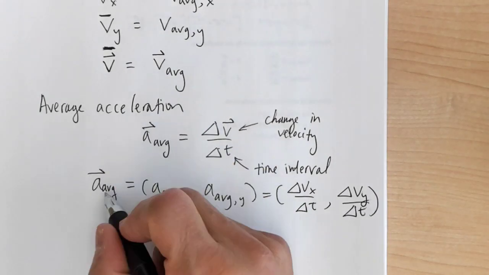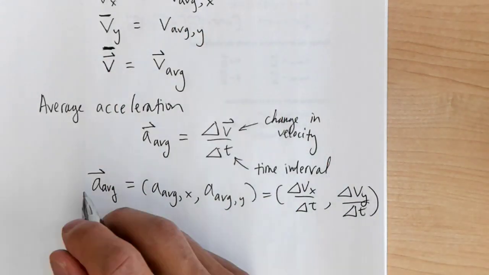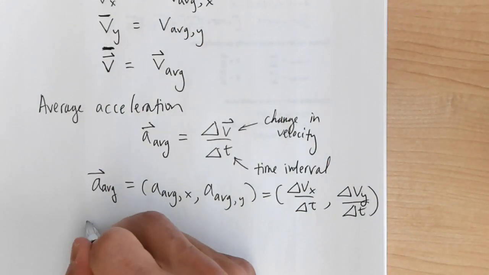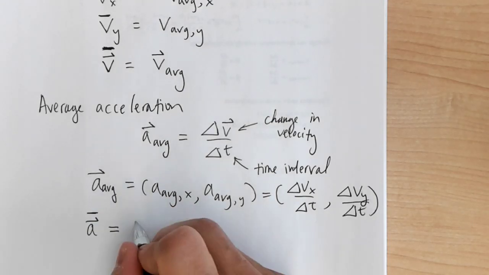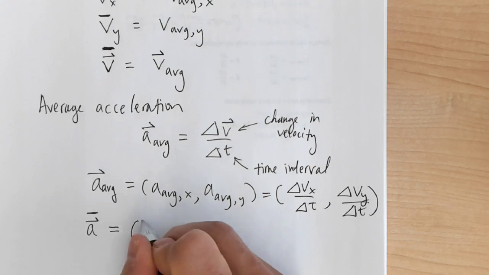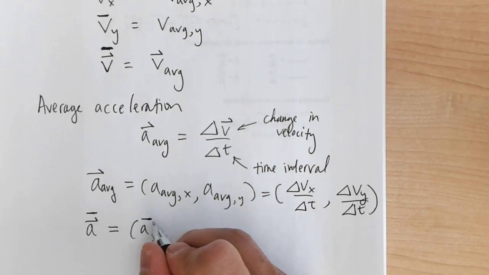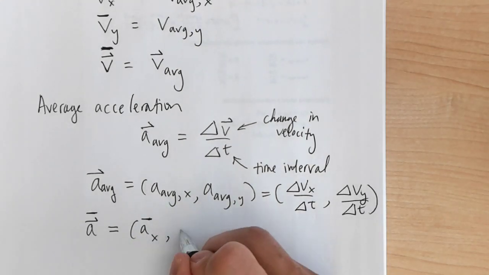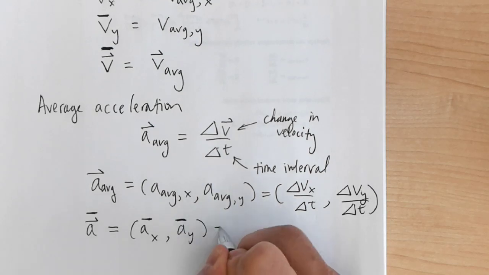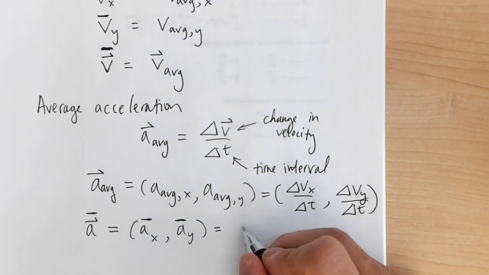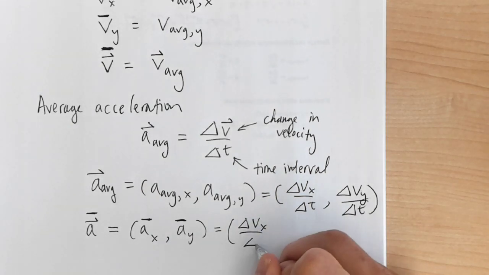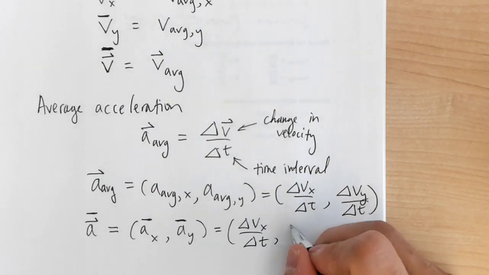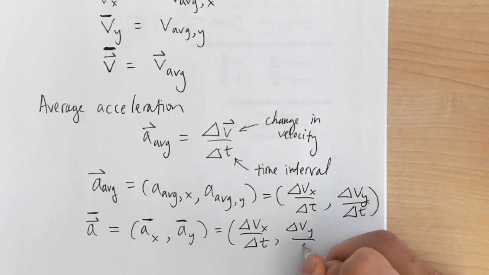If we want to use the bar notation, I can write a vector bar for the average acceleration, with x component and y component equal to delta Vx over delta t, delta Vy over delta t.